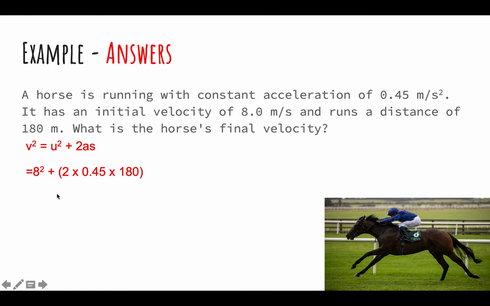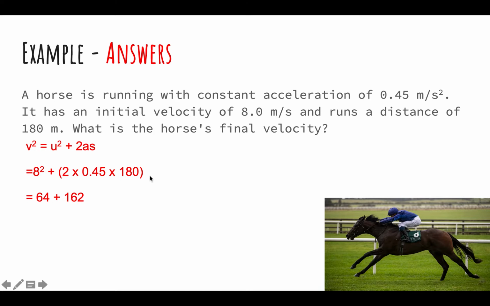Okay, so u we said was 8, so that'll be 8 squared. 2 is a number. Acceleration is 0.45 meters per second squared, and our displacement or distance travelled is 180. So if we go now and type that into our calculator, we should end up with these values here.